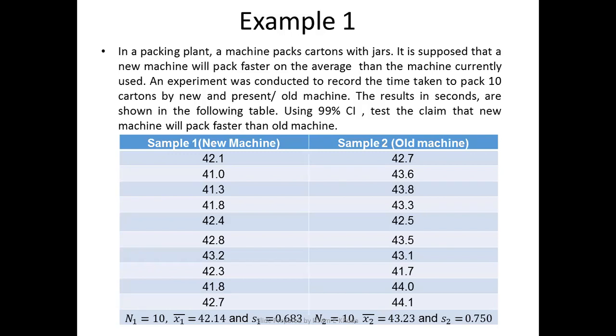We assume that the population of sample one, belonging to the new machine, has population mean mu1, and sample 2, which belongs to the old machine, is taken from the population with population mean mu2.